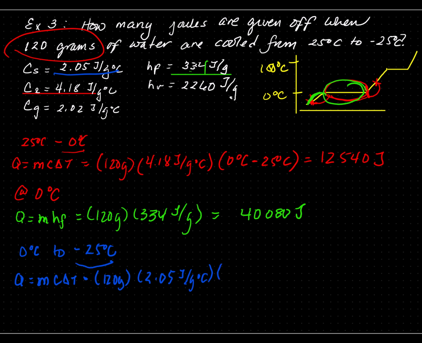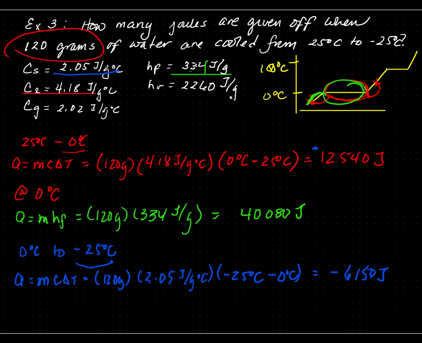T final, my final stopping point, is negative 25 degrees Celsius minus 0 degrees Celsius. So negative 25 minus 0 is negative 25 times 2.05 times 120. The math becomes negative 6,150 joules. And I forgot the negative up here.